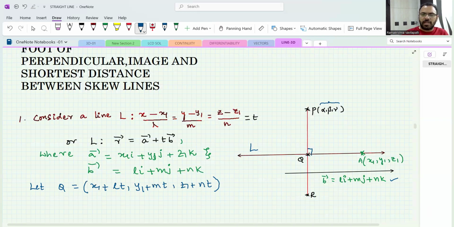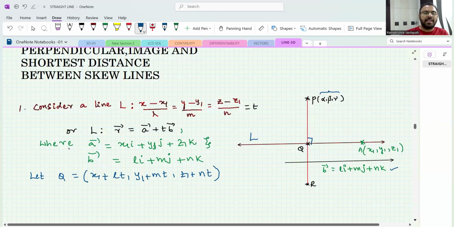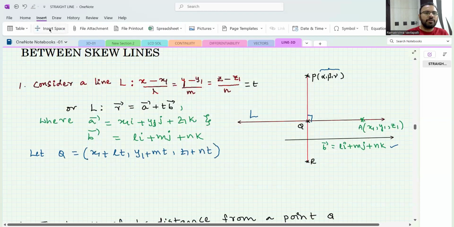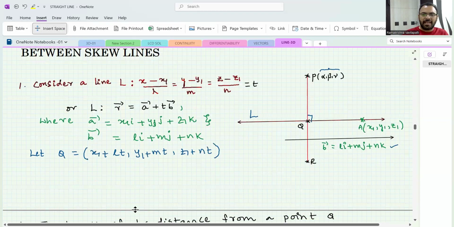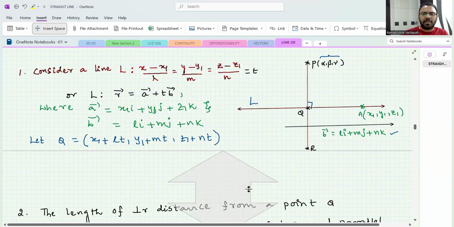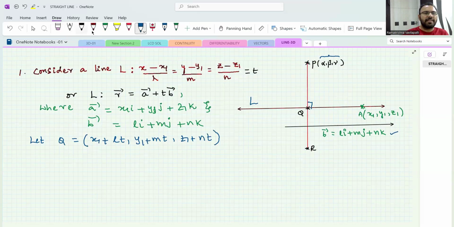How is PQ related to the line L? Here PQ is perpendicular to line L. So we write that PQ is perpendicular to line L. This implies that PQ bar dot b bar equals 0.